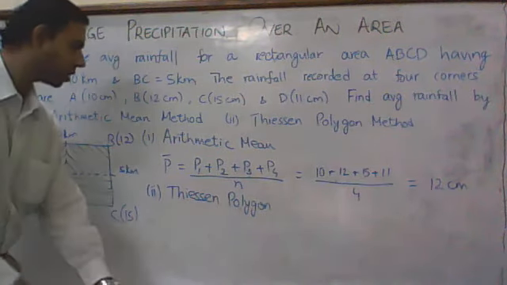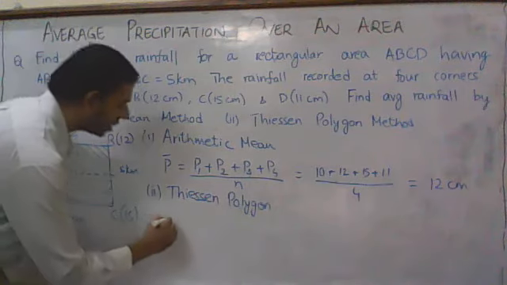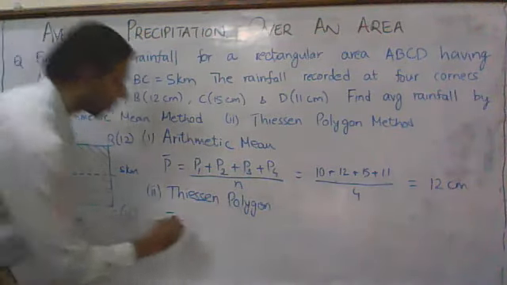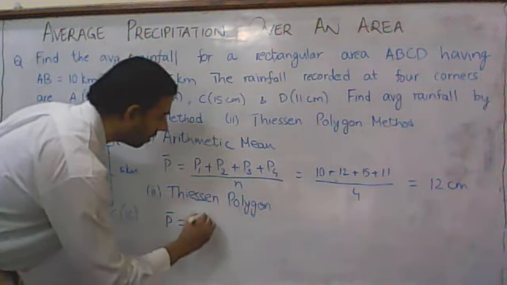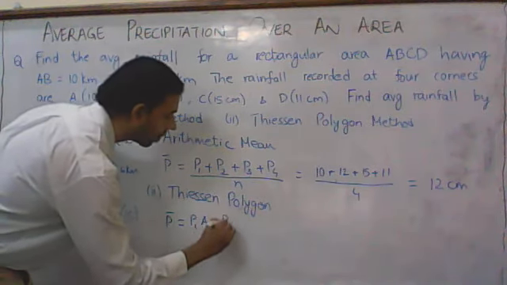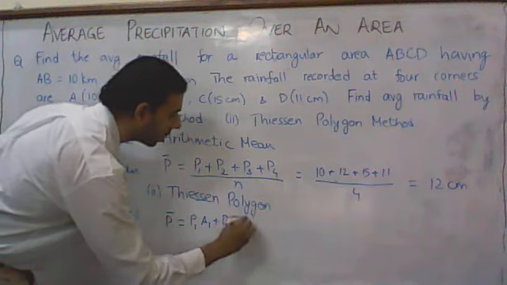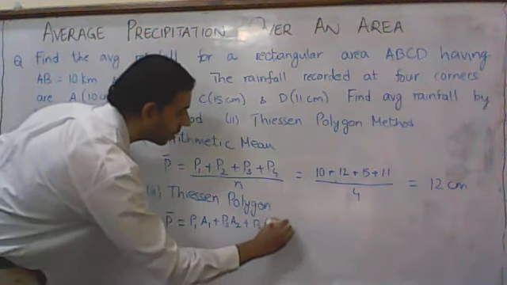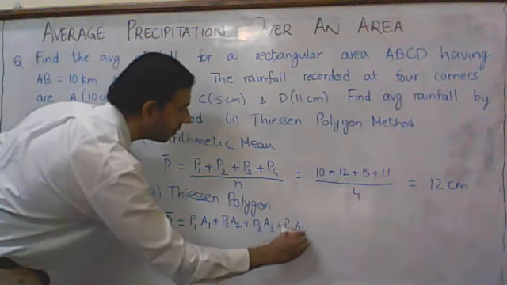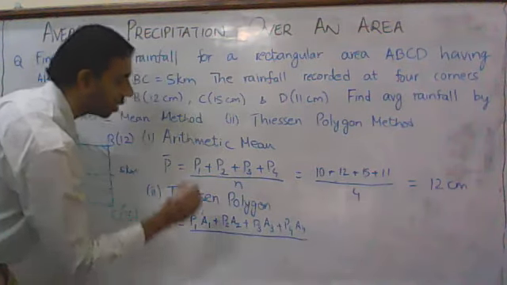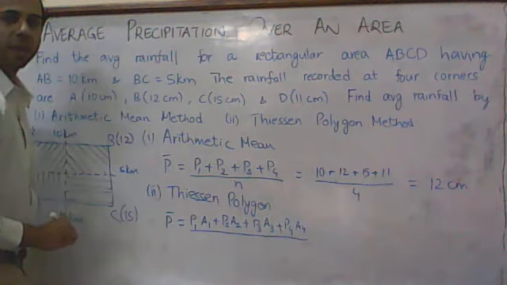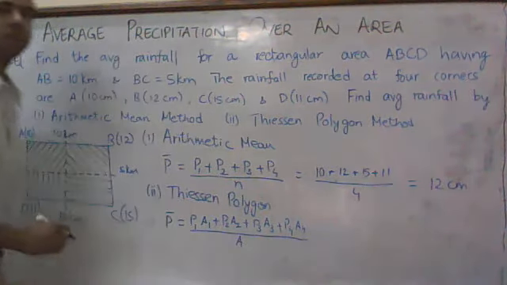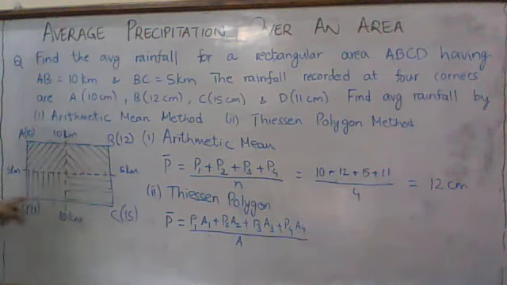So according to the Thiessen polygon method, the average precipitation will be given as P1A1 plus P2A2 plus P3A3 plus P4A4 whole divided by the total area of the catchment. This is the total area of the catchment.